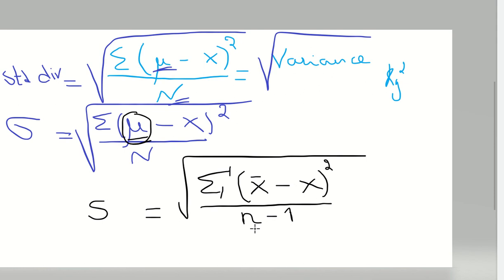All right, so why do we divide by n minus 1? Why don't we divide by n? It's a complicated thing, but I'm going to try to explain it the best way I can. All right, so remember early on in this course when I was explaining the difference between population and sample, in a population, you have parameters, whereas in a sample, you have statistics, right?